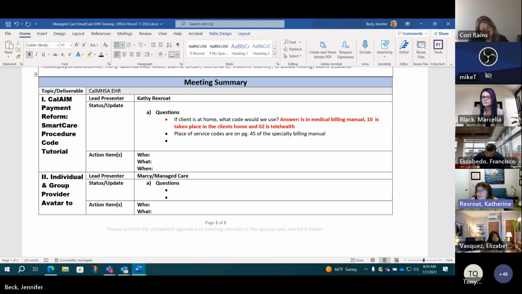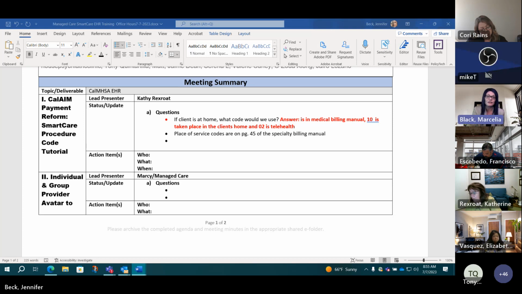Rohina asked, it would be really helpful to cover CMS 1500 for collateral and group services, please. We agree, and we will be providing these office hours every other week, tackling different services and different information each week. Those are also very important services that we will be covering in the future.